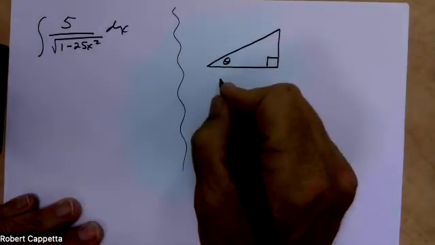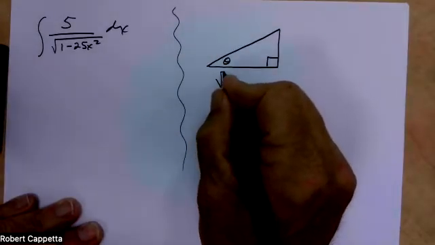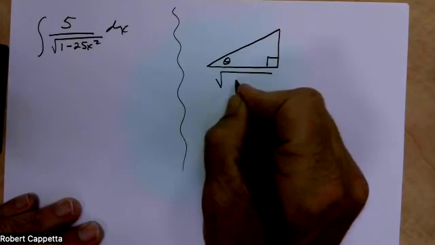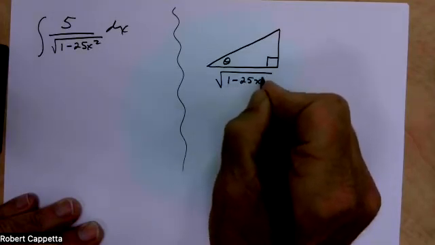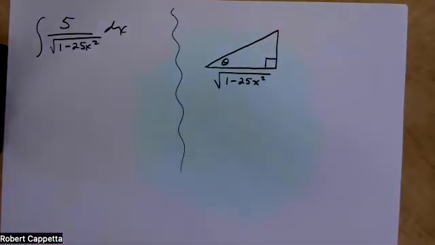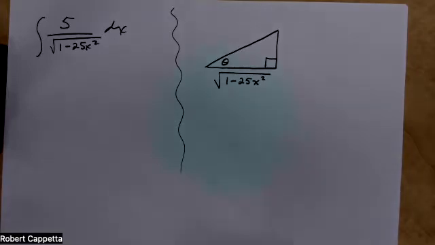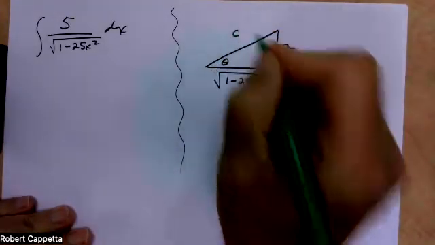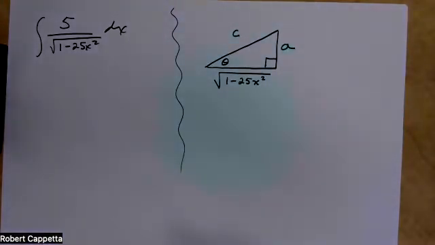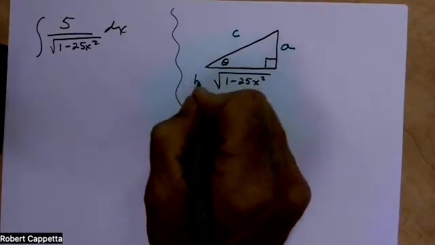So I'm going to go ahead and put it here. I'm going to make it 1 minus 25x squared. And I need to figure out what the other two sides have to be. Let's call this A and let's call this C, so that the results are friendly to us. Call the third side B for the sake of discussion.